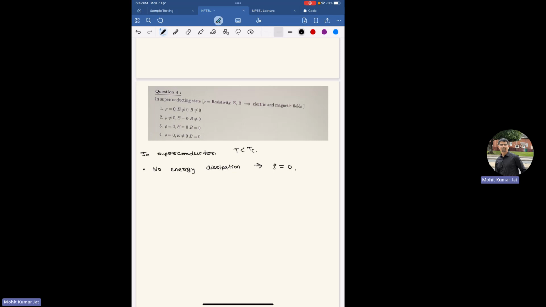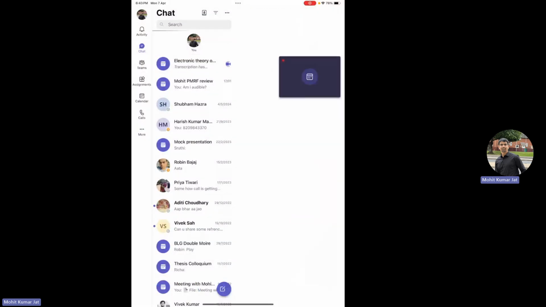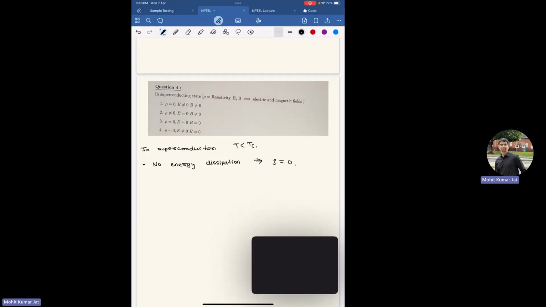It is the dissipation. So rho is equals to 0.